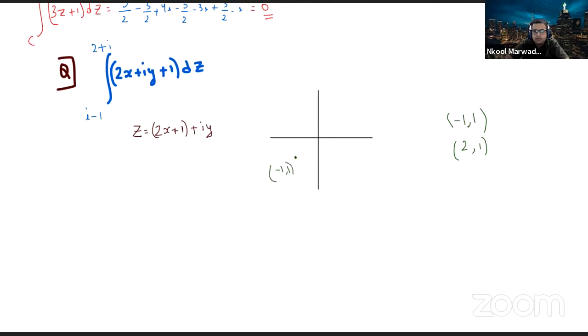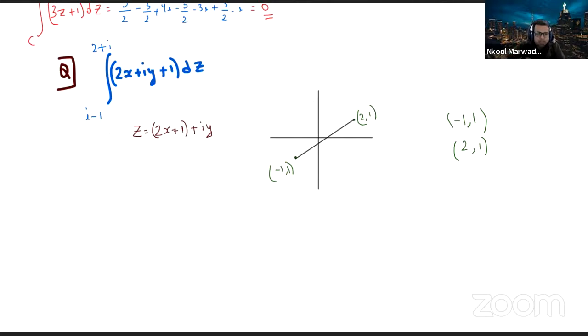So whenever in the question the limit is given directly, just identify the points and join them to get the contour. Now this is the contour we are interested in.